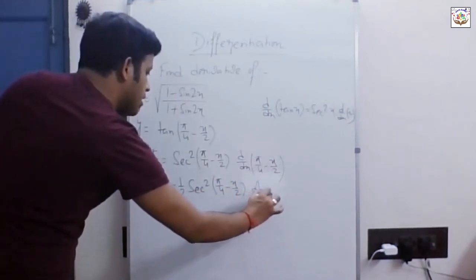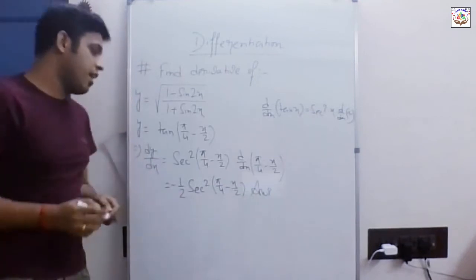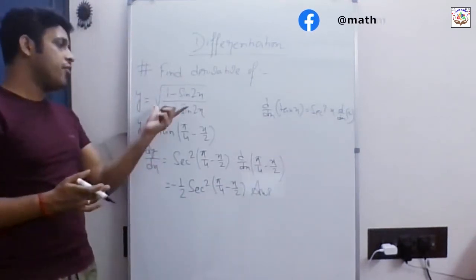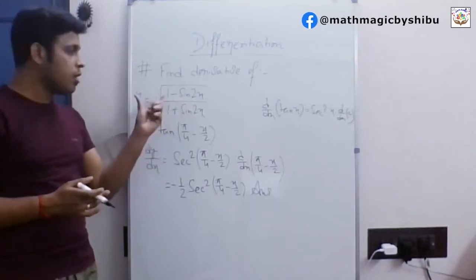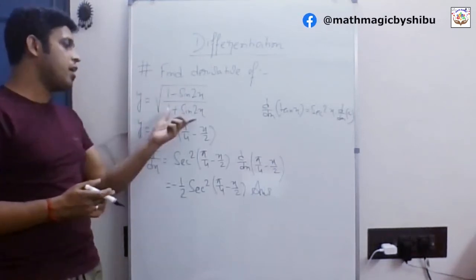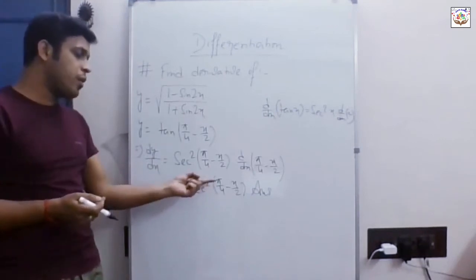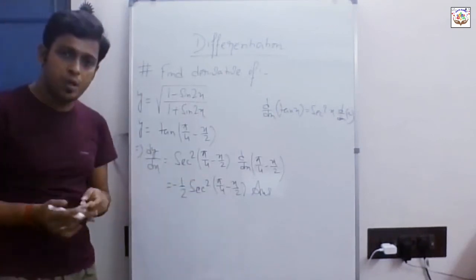So we can just consider it as the answer of this question. I mean the differentiation of under root (1 minus sin 2x) divided by (1 plus sin 2x) would be minus half sec square (pi/4 minus x/2).